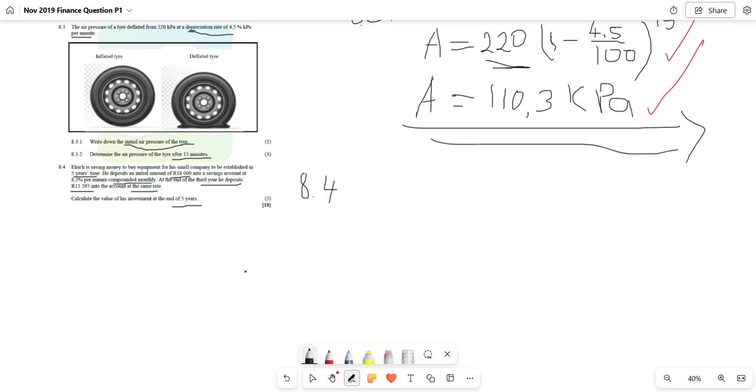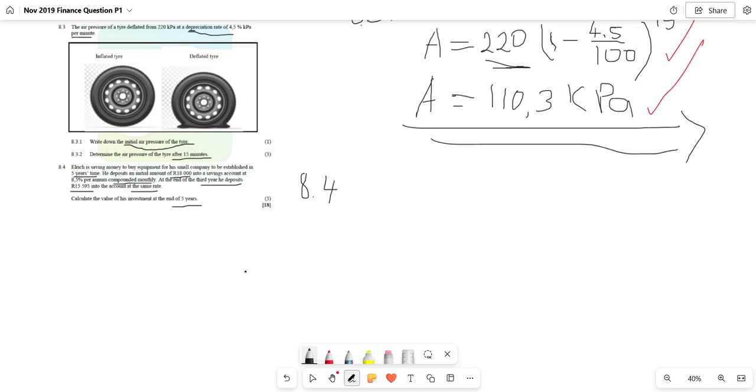Now remember, you must have an idea to say, is the last question a timeline question? How do you tell that the last question of finance, growth and decay, is a timeline question? There are 3 prescripts. 1, there should be more than 1 interest rate. It means you'll be given an interest rate, then after a certain number of years it changes to the new interest rate.